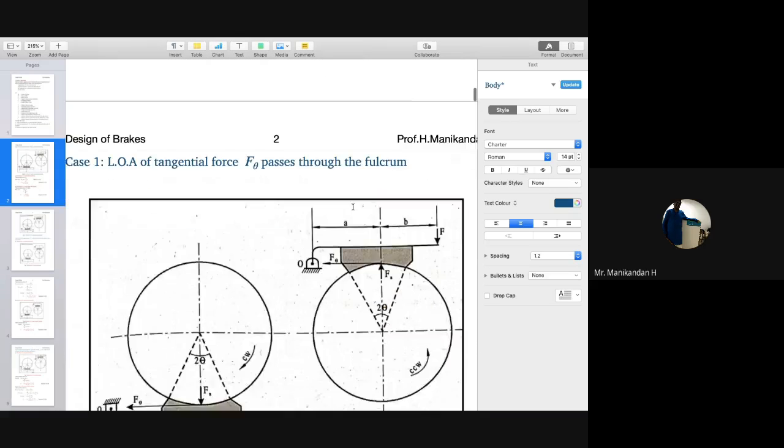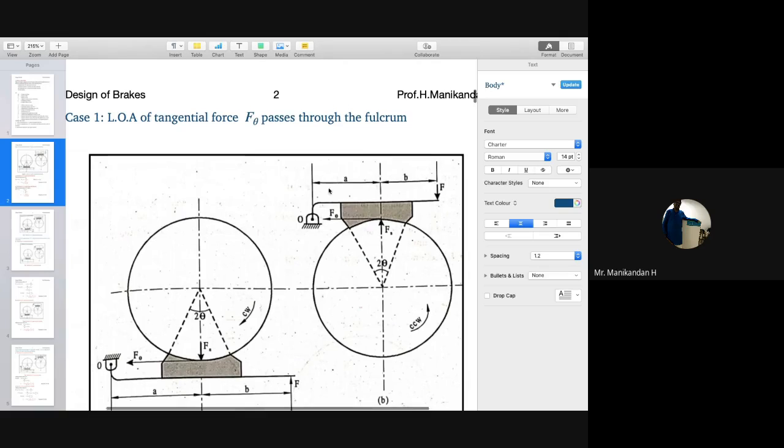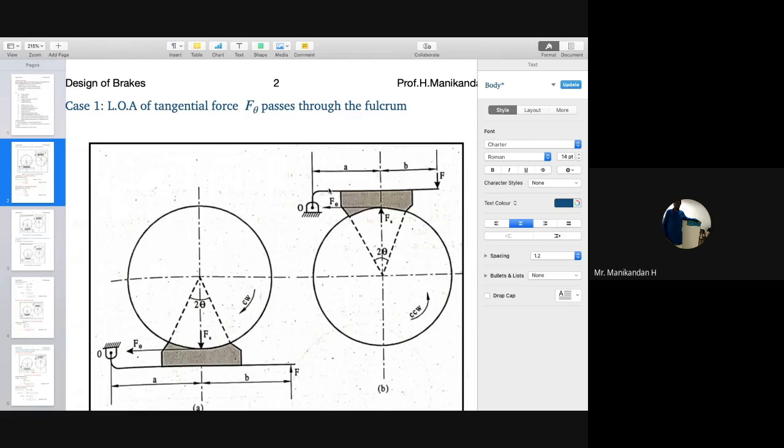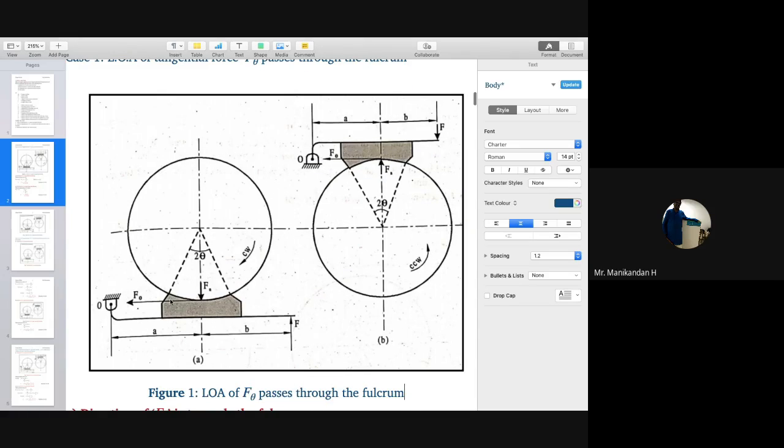The direction of the frictional force depends upon the rotation. F theta is a tangential force, so the frictional force will usually act opposite to the direction of F theta, because it always acts opposite to the movement of the vehicle.